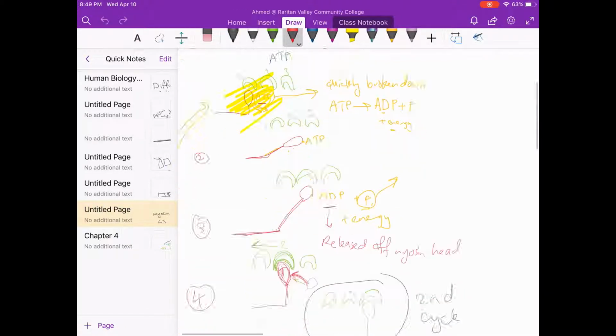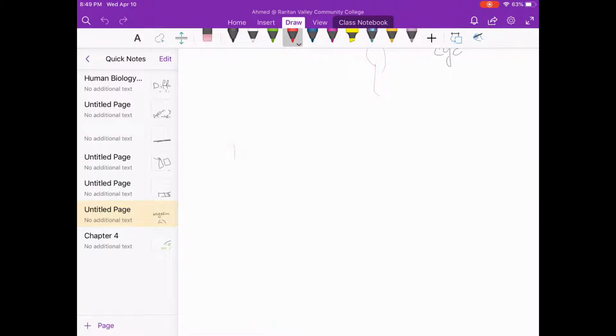So with no ATP, the myosin head would remain attached to actin.